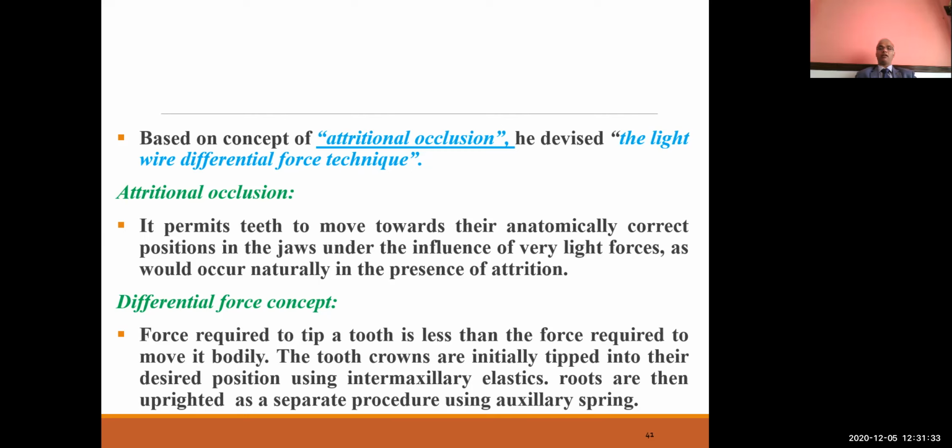And the roots are then uprighted as a separate procedure using auxiliary springs. In this technique, first the teeth are tipped, then they are uprighted with the help of auxiliaries. But in edgewise technique, from the initial stage of treatment, they tend to move the tooth bodily.